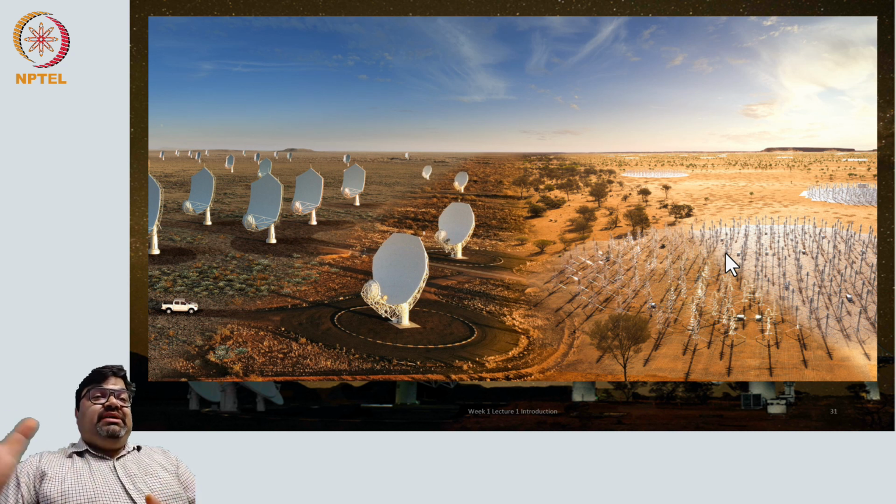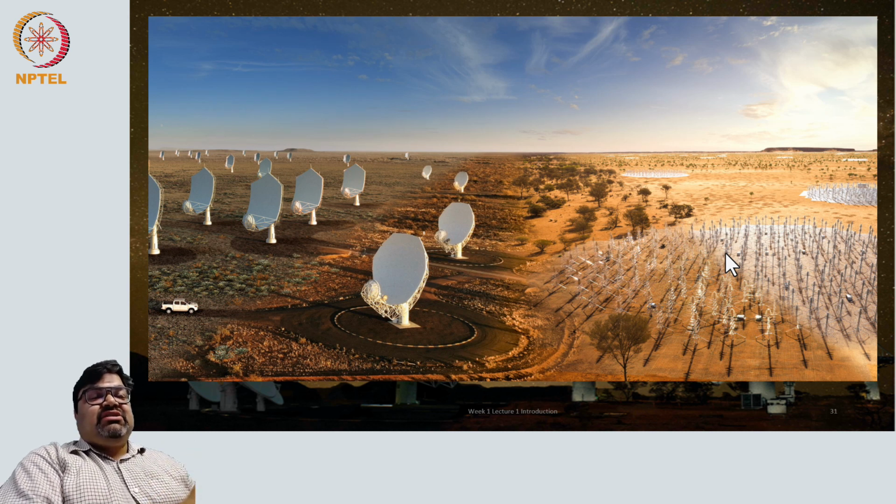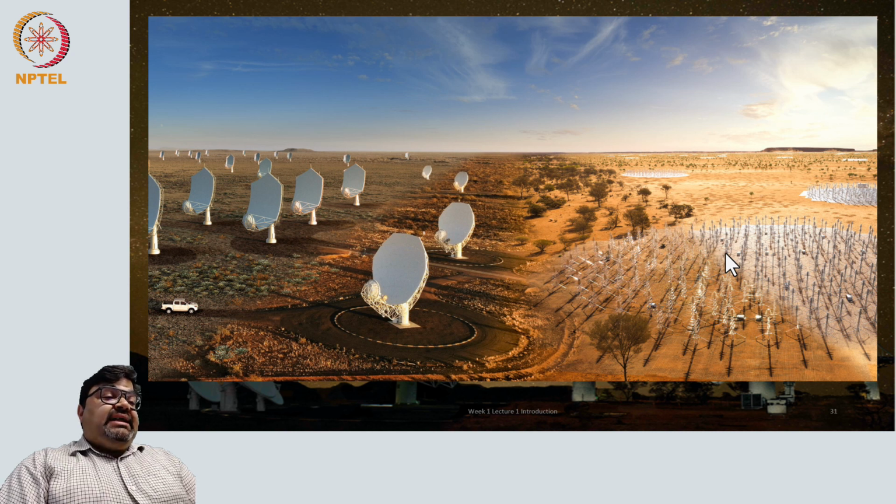The lower one, on your right hand side, will be in Western Australia, and the higher one will be in South Africa. Both are located in regions that are mostly desert, where the population is very low.